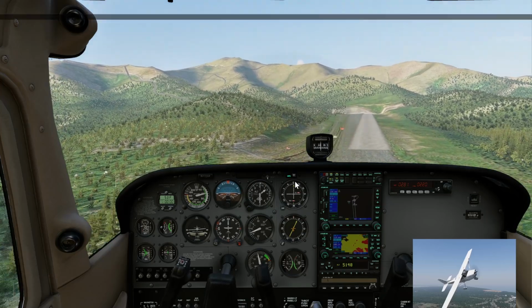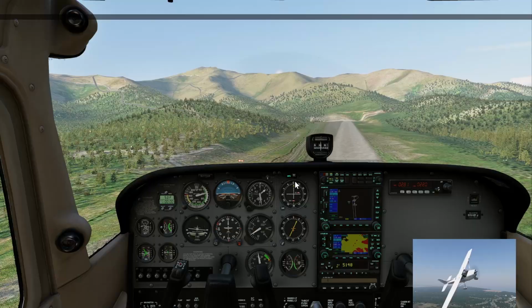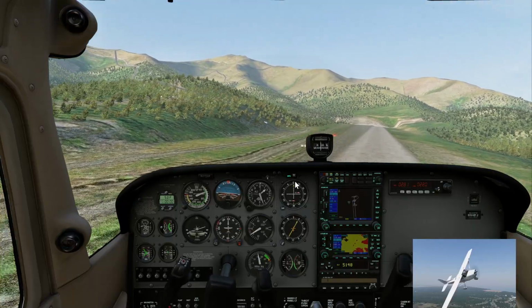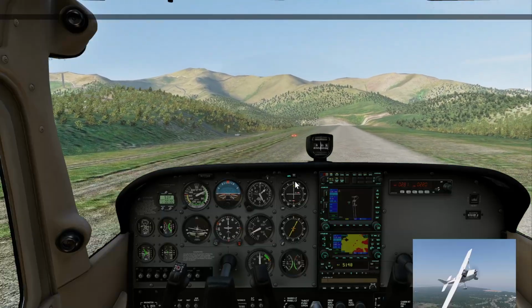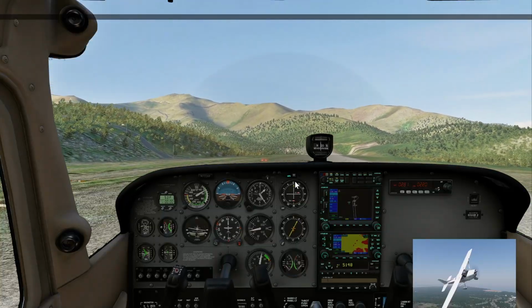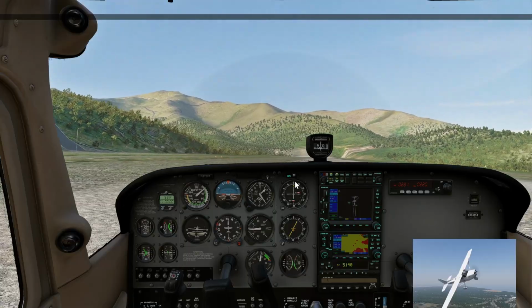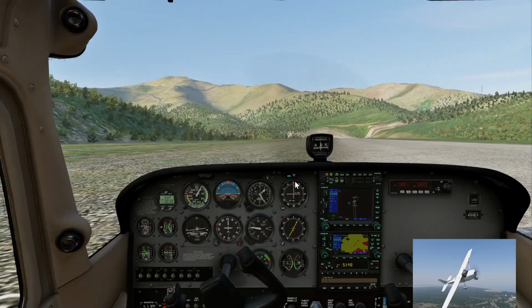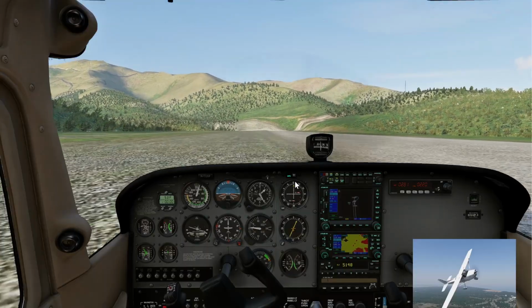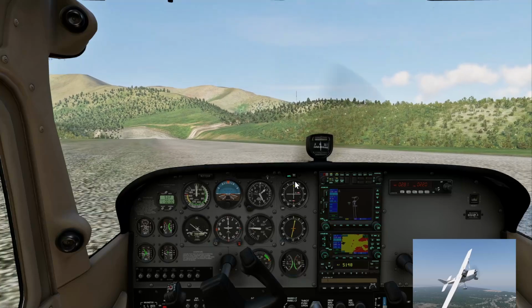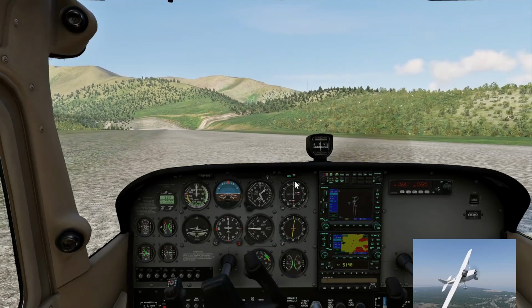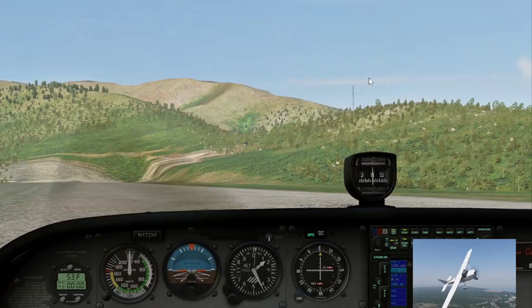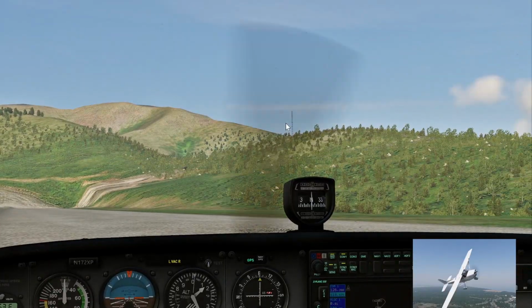Runway is made. And I'm going to turn the airplane so we can look at the NDB beacon. That's what we were flying over right there.